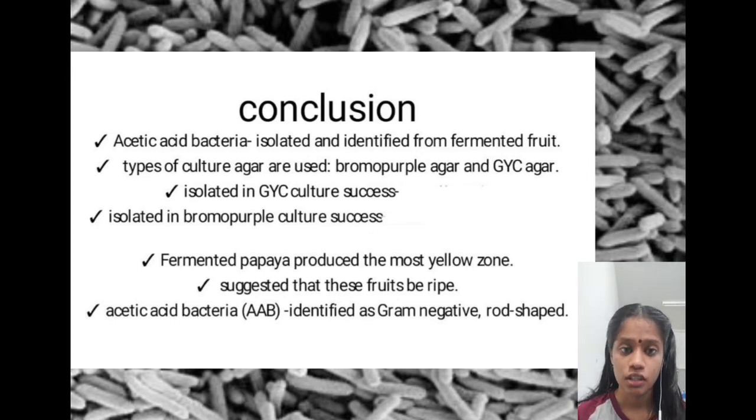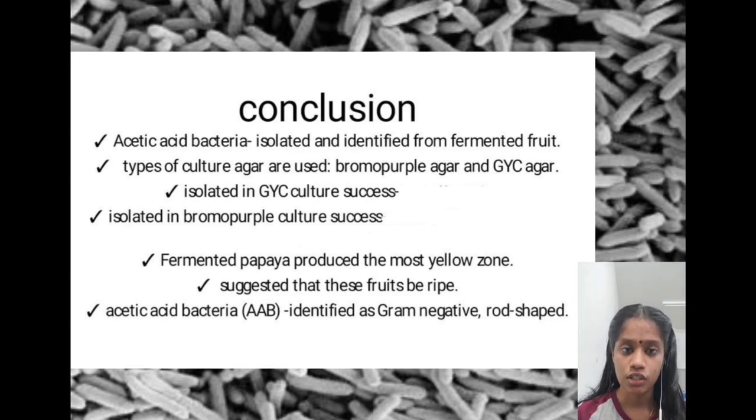Acetic acid bacteria are gram-negative aerobic bacteria that can oxidize ethanol to produce acetic acid. Fermented papaya produced the most yellow zone on bromocresol purple agar and GYC agar, and these isolates were chosen for acetic acid production. It was suggested that these fruits be ripe and suitable for the enrichment technique.